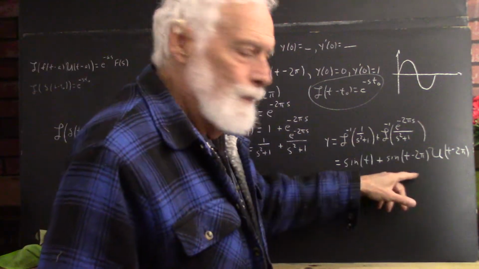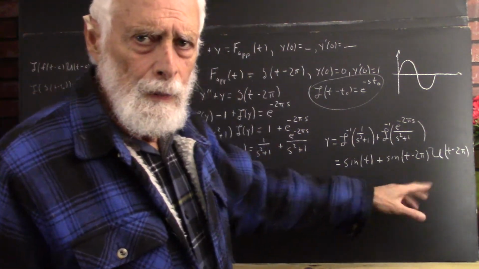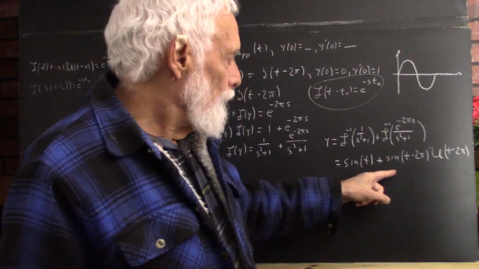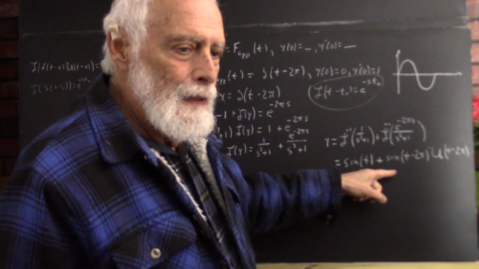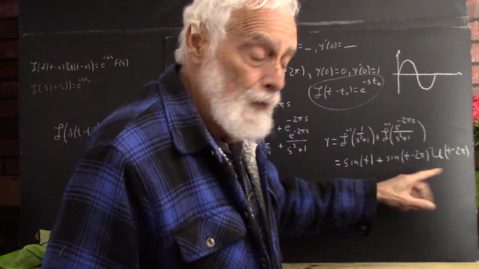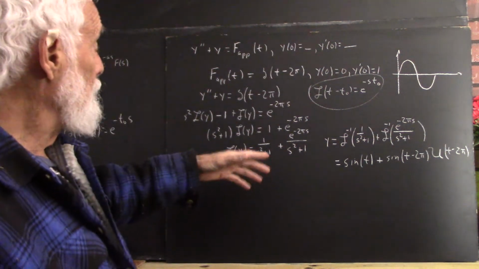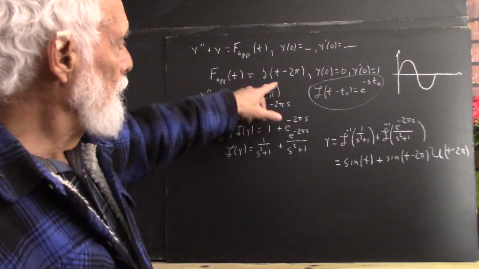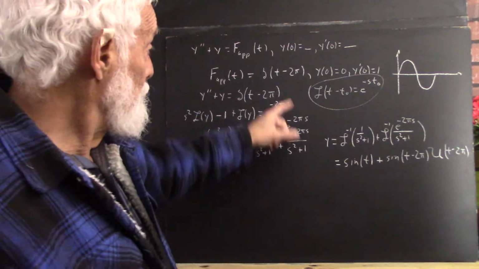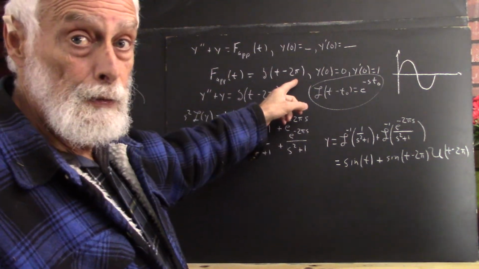Again, we're assuming we understand the shifting behavior and so forth, and the fact that this function is going to be 0 up to when t equals 2 pi, which of course corresponds to the fact that we're applying the impulse at t equals 2 pi. Okay, this is a unit impulse applied at t equals 2 pi.